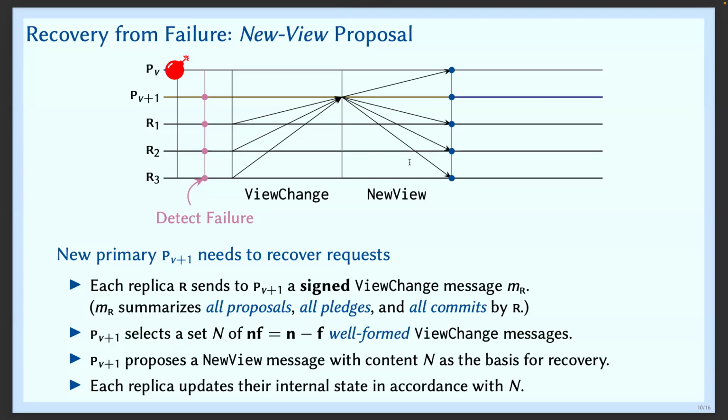So what do you need a view change for? Can't you just ask every single replica whether or not they have a proof? Because if they have a proof, then that suffices. Well, every single replica is essentially telling you that.